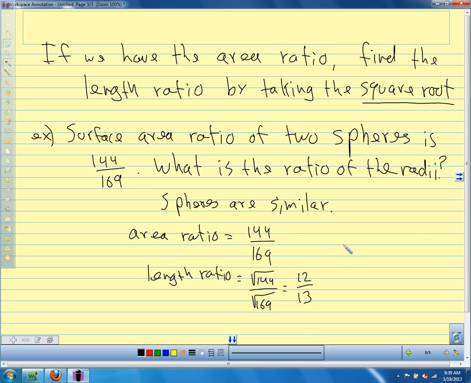So the ratio of the radii is going to be 12 over 13. So if we have the area ratio and we want a length ratio, we take the square root. So questions on that one?